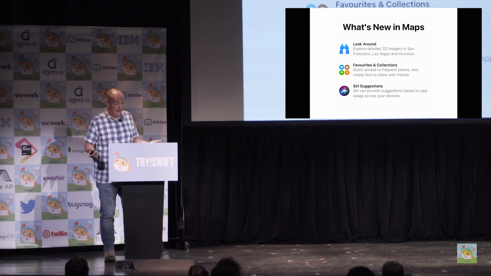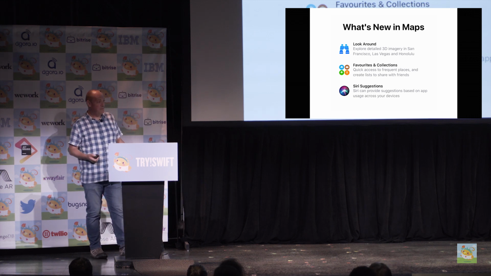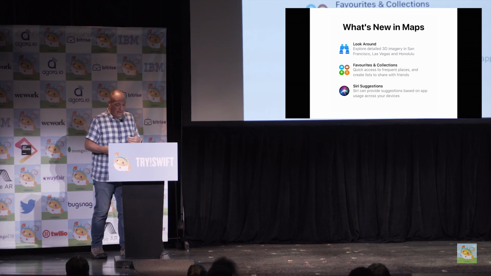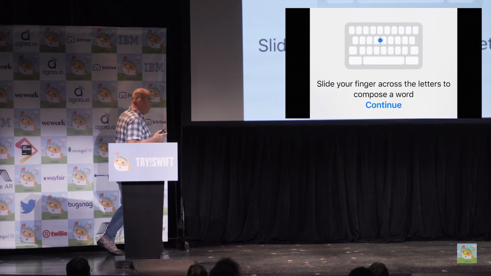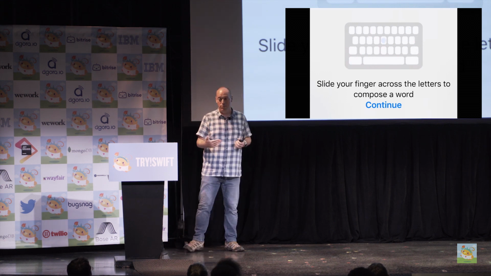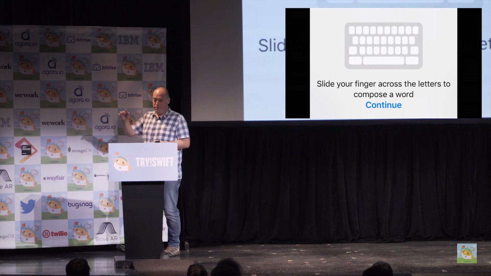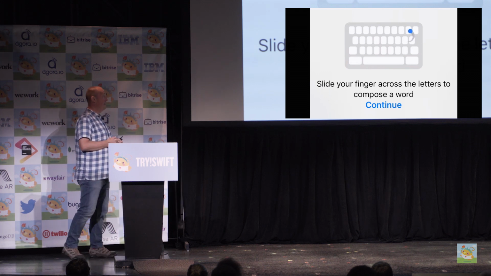Once it's gone, it's gone forever. And so that's not ideal because, again, you're here to do something and that gets in the way. In fact, the first time you use the keyboard on iOS 13, you'll get this in place of the keyboard. So this will cover up the keyboard. And it's teaching you about the new swipe keyboard, right? And there's a nice animation which is playing to show you how to use that keyboard.